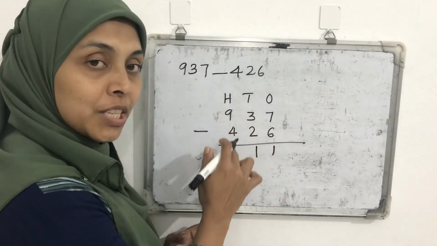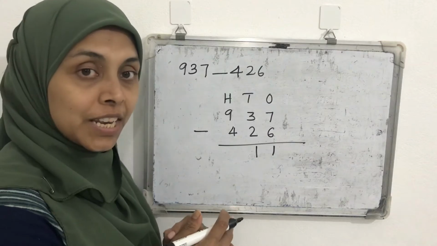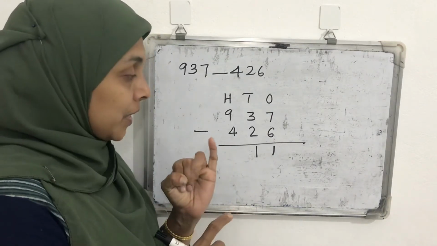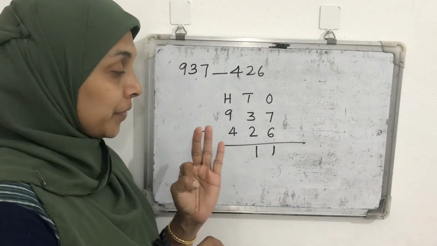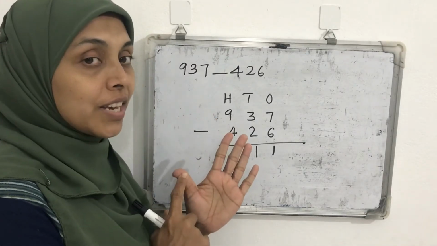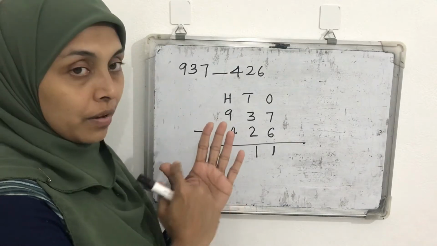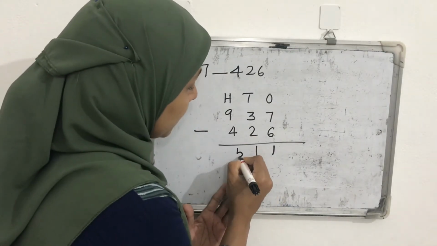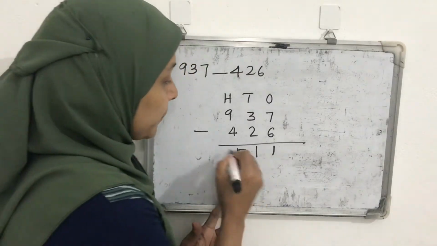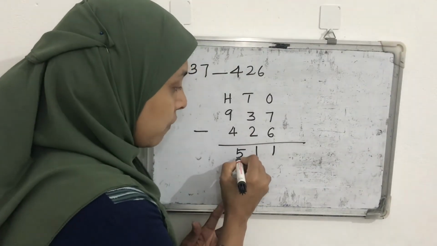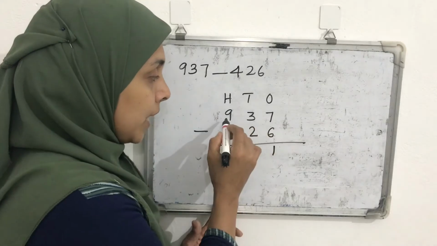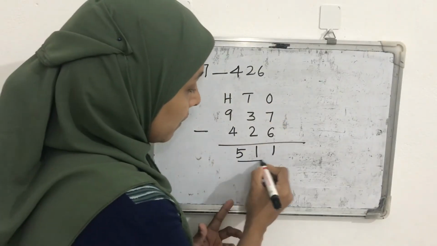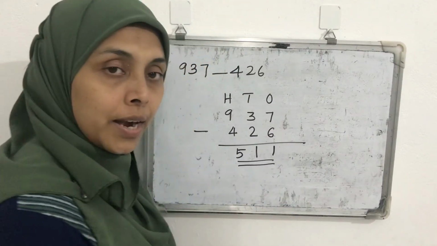And 9 minus 4: after 4, the next numbers are 5, 6, 7, 8, 9. We reached 9 after counting 5 fingers. So 9 minus 4 equals 5. What answer did we get? 937 minus 426, we got the answer 511.